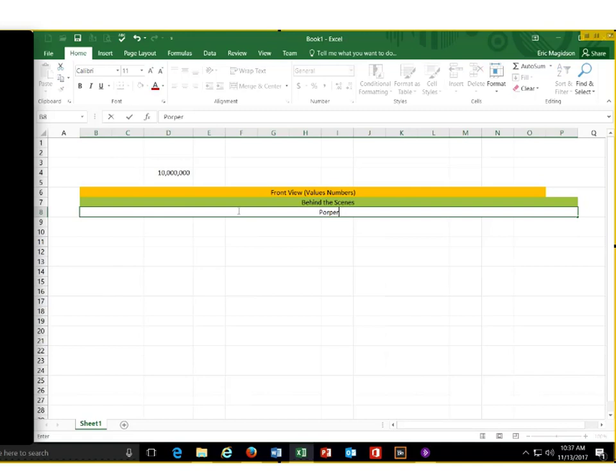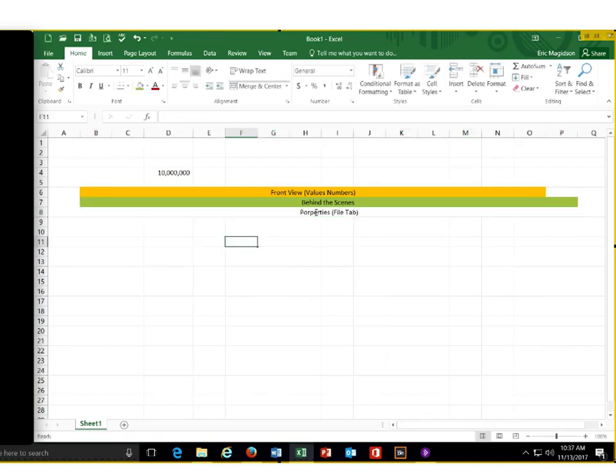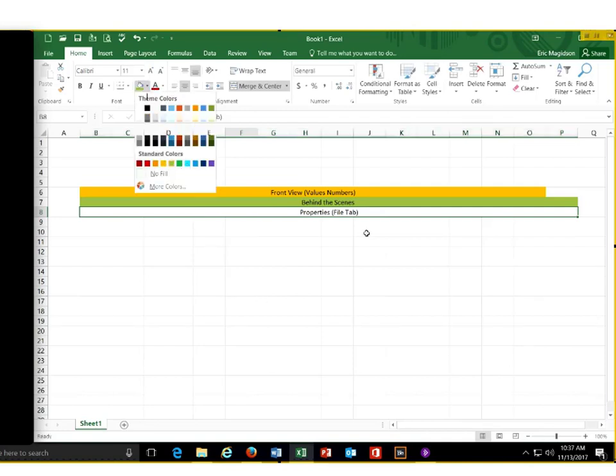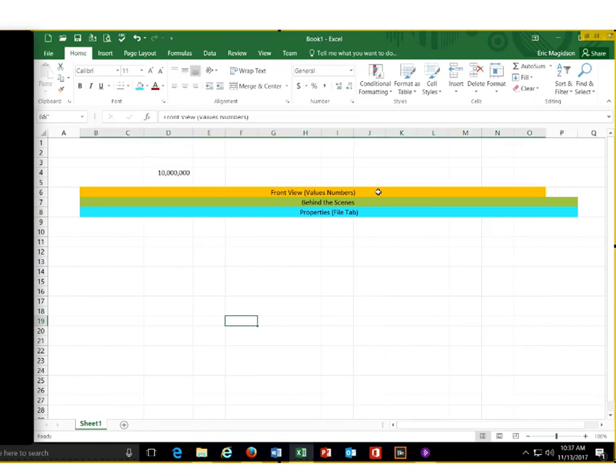So this is the properties. This is the File tab. Okay? Properties. So this is the File tab. These are the numbers that we see on the screen.